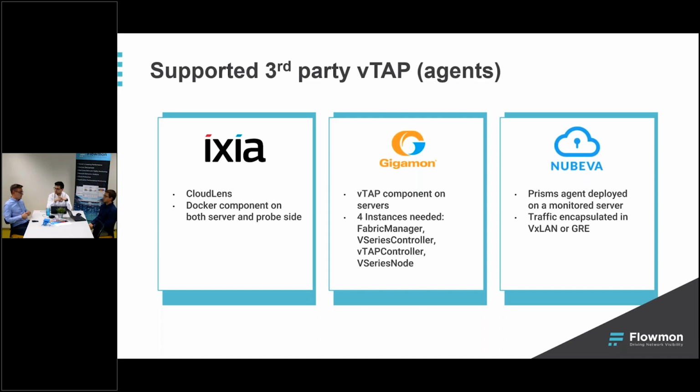They offer both GRE and VXLAN encapsulation. So you just need the respective decapsulation on the probe side. But in terms of deployment, it looks to me to be quite similar to what you have with VTAP in Azure. Yeah. In this third case, definitely.